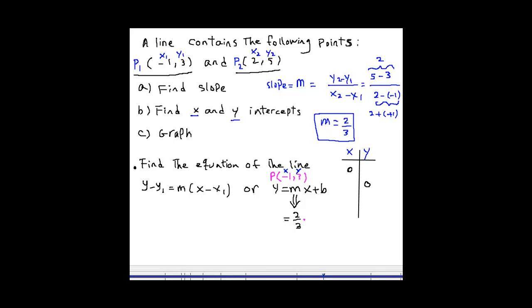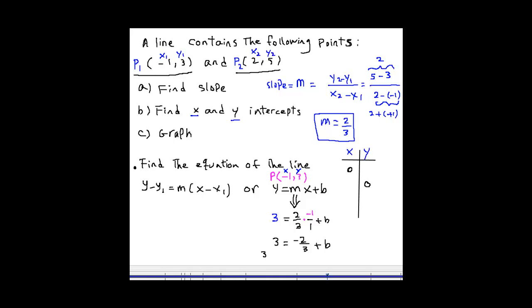So if I substitute for each x -1 and substitute for each y 3, then you can quickly solve for the y intercept. So here I have 3 is equal to -2/3 plus b.